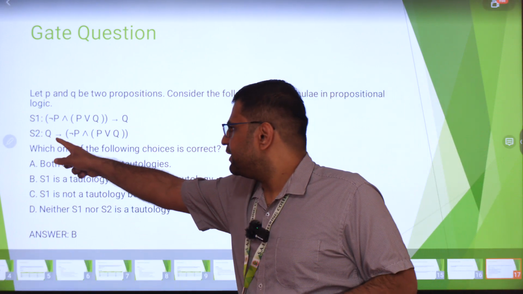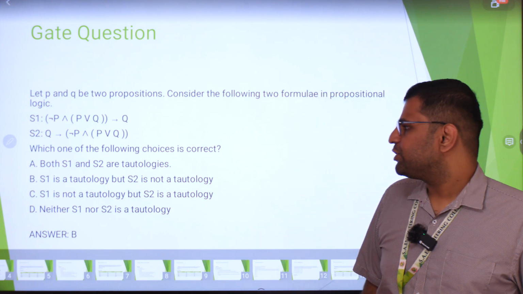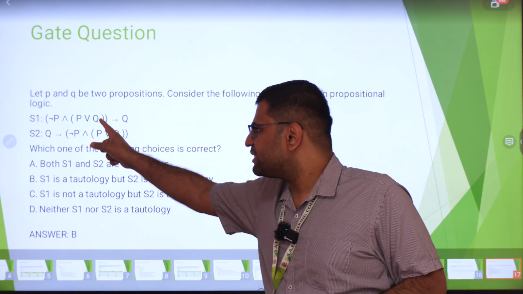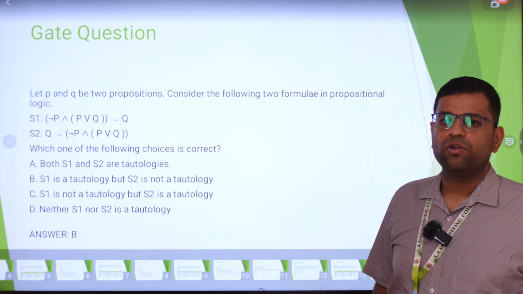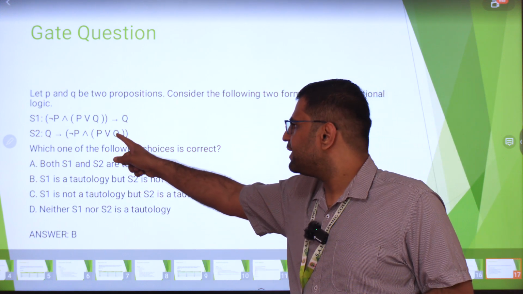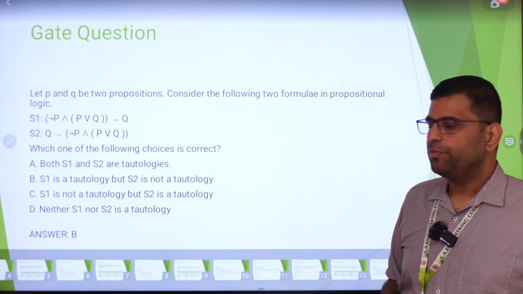But if Q is false here, it becomes true, so the entire proposition becomes true. So the answer is S1 is a tautology and S2 is not a tautology, because it doesn't always imply that S2 will be true.